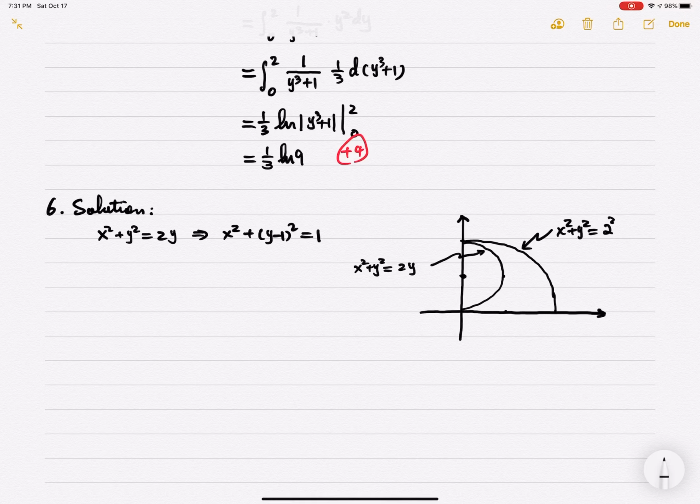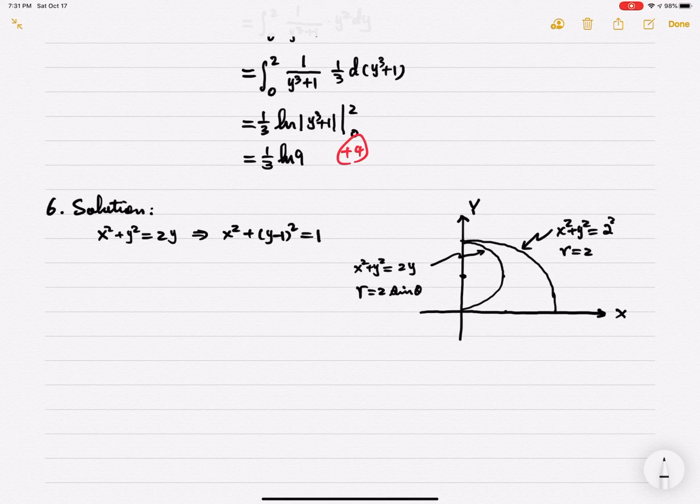That's this one. Now if we write it as a polar equation, we know this one is r equal to 2. And then this one, that's a standard equation, r equal to 2 times sine theta.